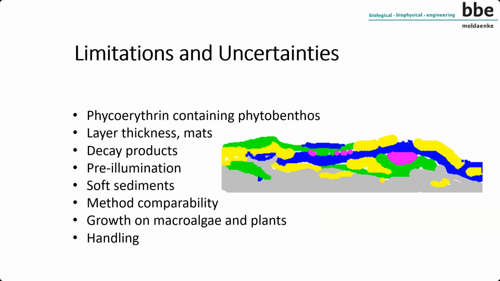These are the advantages and the benefits, of course, but we also have some limitations, and I want to go a little bit into the details. This is why I made this picture here. Let's assume that it is a graph of a biofilm surface. The surface is here, and these are the deeper layers. Let's come back to the different colors.